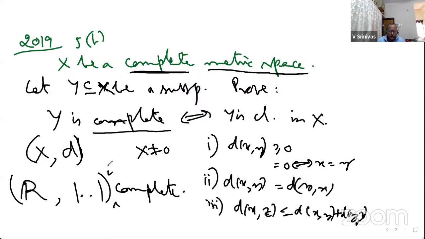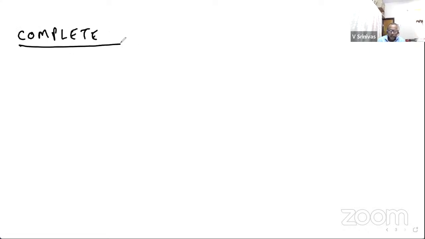What is meant by completeness? You need to know what you mean by a Cauchy sequence.